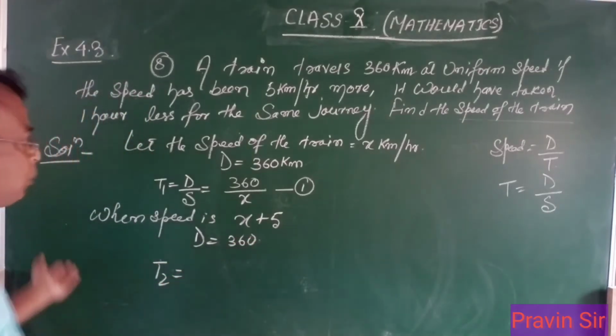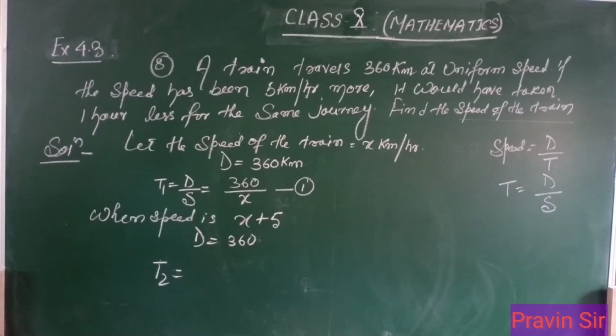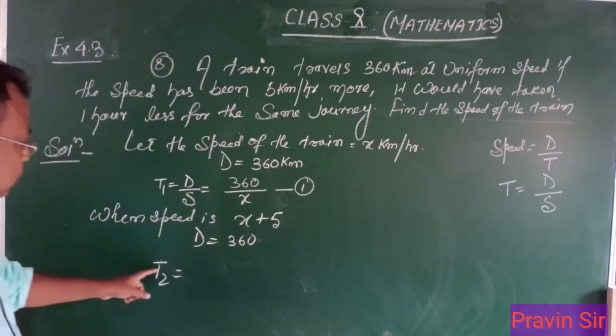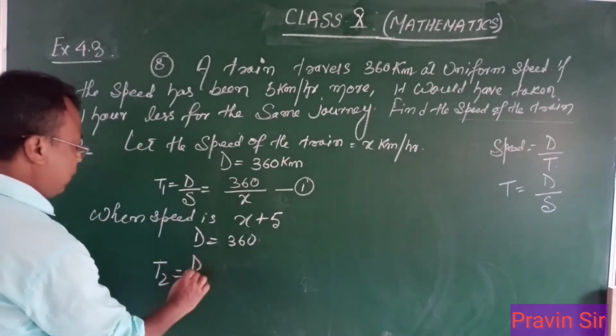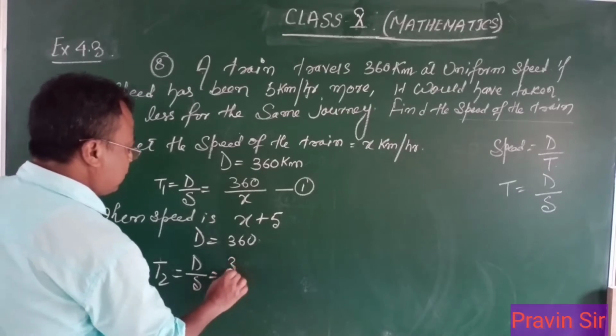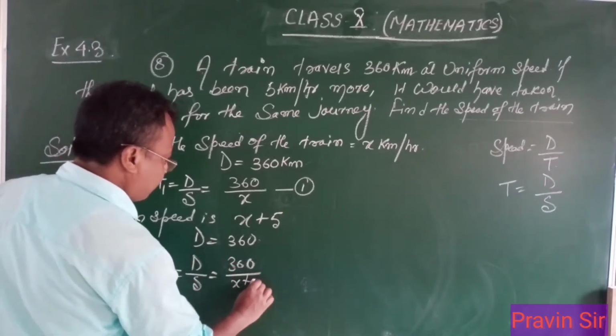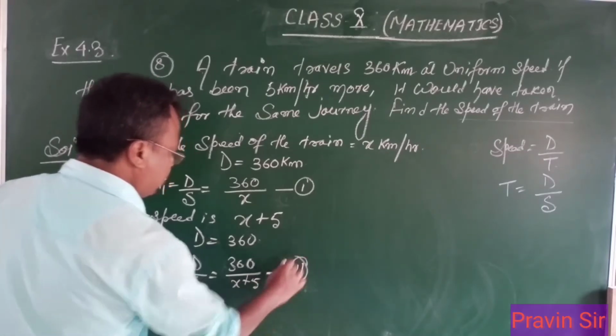Now if the speed is increased by 5 km/h, then what is the time taken by the train to traverse this distance? Let us find out. T2 is equal to what? Distance by speed. So what is the distance? 360, and what is the speed? x plus 5. This is equation number 2. Okay.